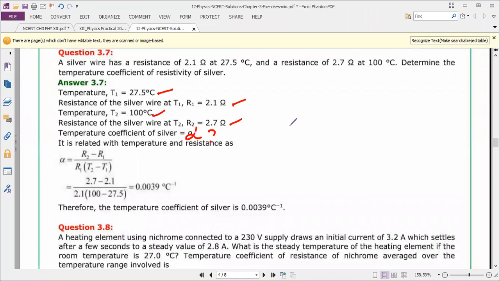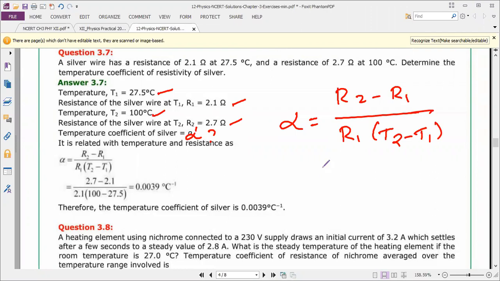Everyone write the formula: alpha equal to R2 minus R1, or R, it is based on your wish, increasing resistance minus decreasing actual resistance, divided by actual resistance into T2 minus T1, the temperature difference.